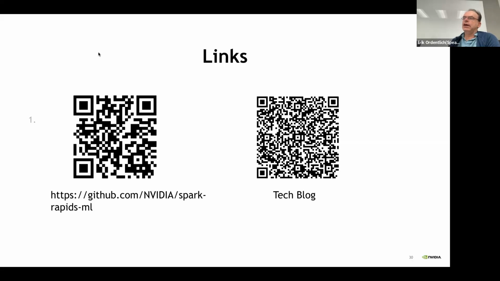Now, on the ETL side of things, there's actually an open source tool called the Spark RAPIDS qualification tool, something like that. You should be able to get to it from the docs page for that library.